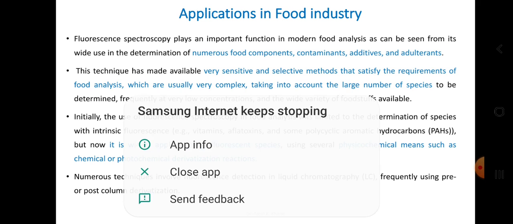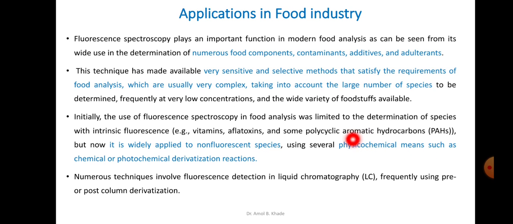We have physicochemical, chemical or photochemical methods which convert the non-fluorescent substance into a derivatized substance which becomes fluorescent in nature. So nowadays we can extend fluorescence spectroscopy to non-fluorescent substances also. We convert them into a complex with the help of chemical reagents, and thereby convert the non-fluorescent substance into a fluorescent substance.